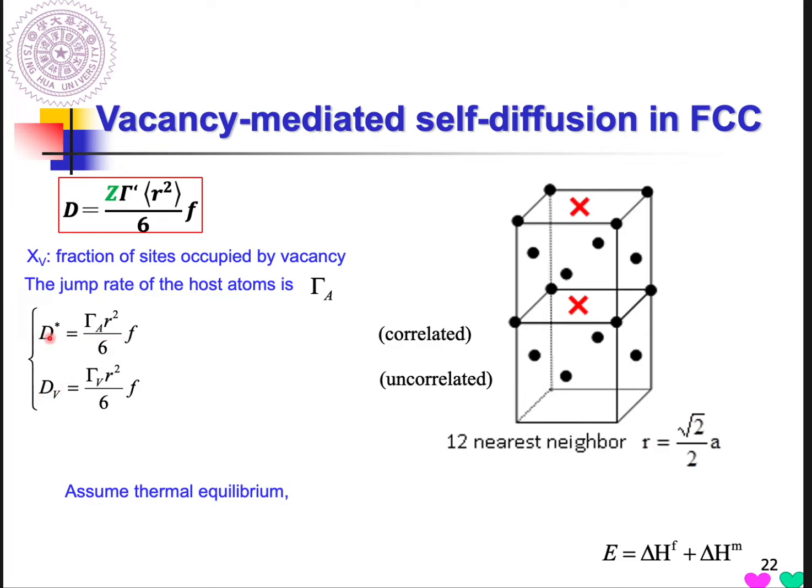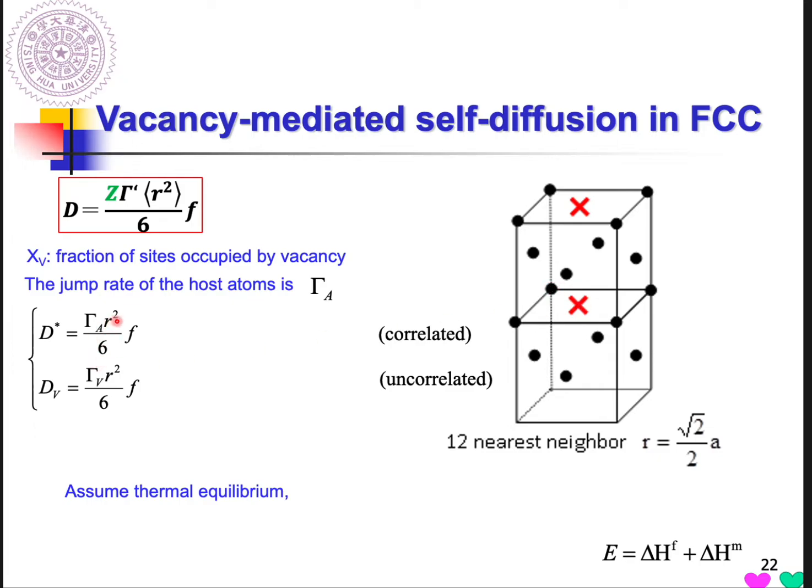For the self-diffusivity of the atom, you use the atomic jump rate, labeled A for atoms, and r squared, where small r is the nearest distance that allows the atom to jump into the vacancy.